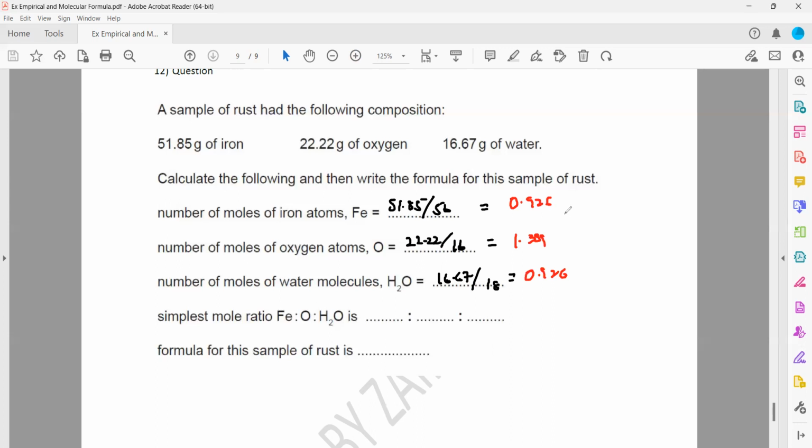Then the simplest ratio. How to take a simplest ratio? Between 0.926, 1.389, and 0.926, we divide all of them by the smallest value, which is 0.926 in this case. So this will be 1, this will be 1.